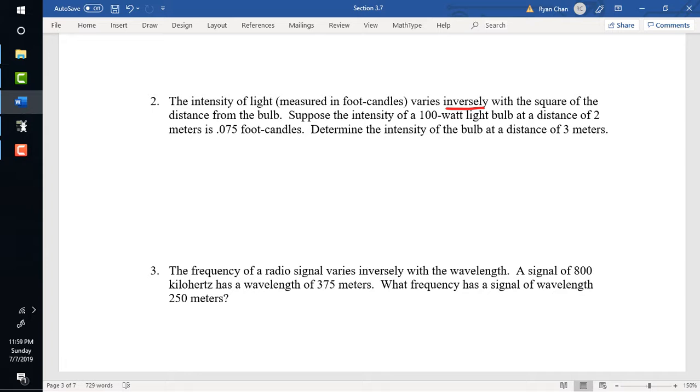So I have, I'm going to call it intensity. And I also want to write it in terms of the unit. So this is foot candles. And then D is distance. And this is measured in, let's see, meters.